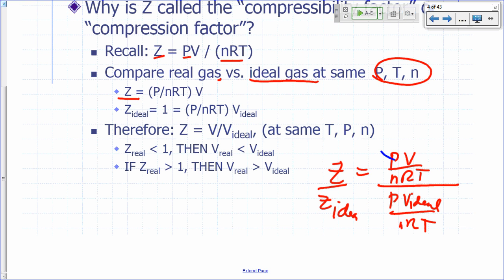So at the same pressure and temperature, same number of moles, R is a constant, Z over Z ideal is just V over V ideal.